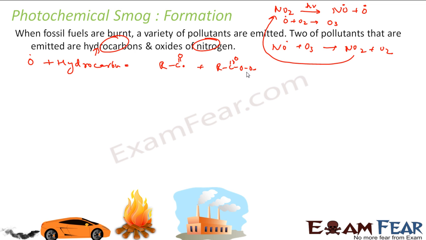This is called peroxy free radical. This peroxy free radical will react with oxygen, NO3, and NO also in the atmosphere, and they form harmful compounds: formaldehydes, acrolein, organic hyperoxides, and PAN, that is peroxyacyl nitrate.